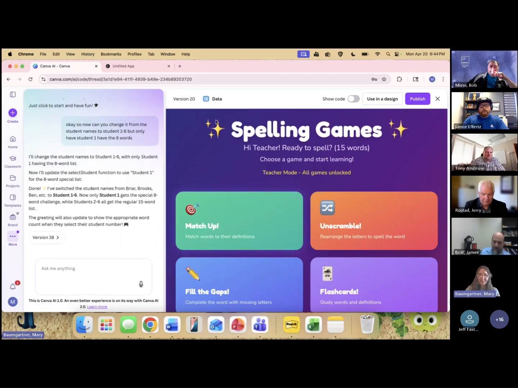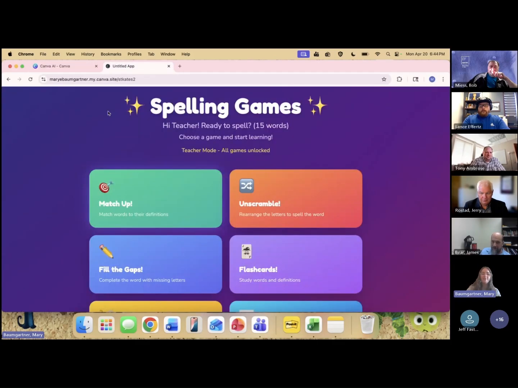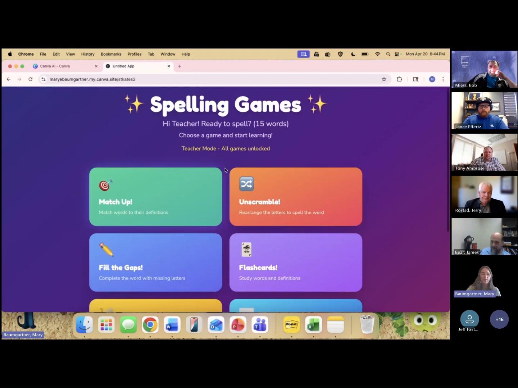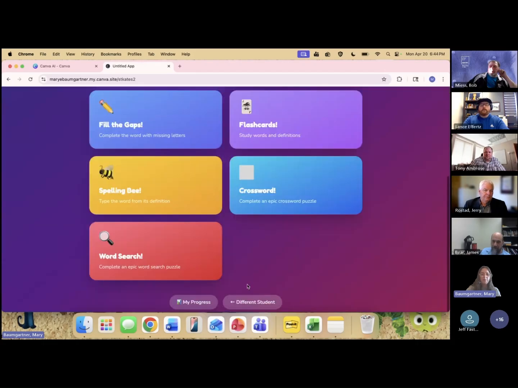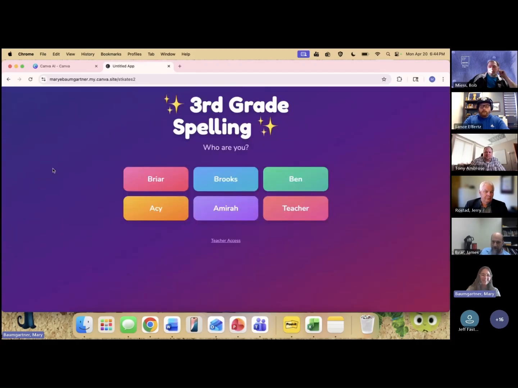It takes a lot of trial and error, but I put it on all of their iPads, and all they had to do was click on it just like it was an app, and this is what comes up for them. So I thought it was really cool, and that's all.